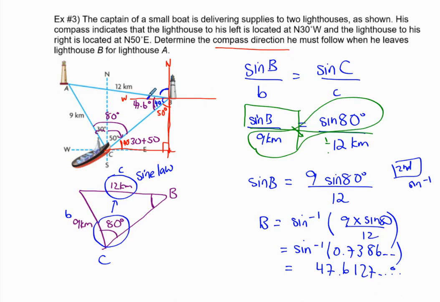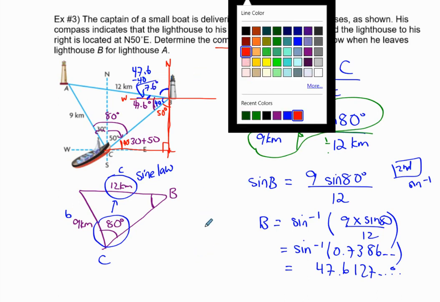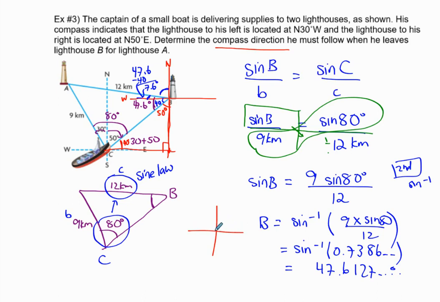So to find how much this little one is right there, it will be 47.6 minus 40, which is 7.6 degrees. So now from my compass direction, this is 7.6 degrees. So I'm going out to the west and then going up 7.6 degrees to the north. So my heading will be west 7.6 degrees north.